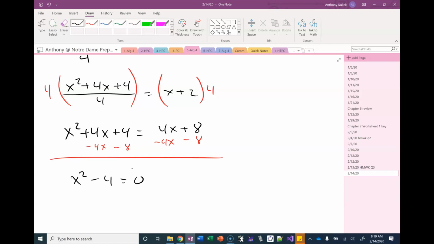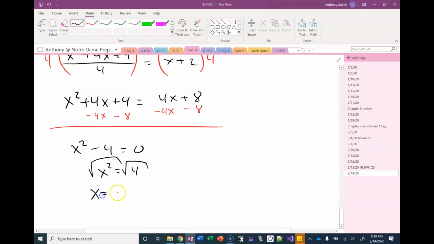And then how do you want to solve this equation? Okay, add 4 and then square root both sides. What do we have to remember here when we square root both sides? Plus or minus. And then if you go and check this, I think both of these work. Harley, does that feel good? Okay.